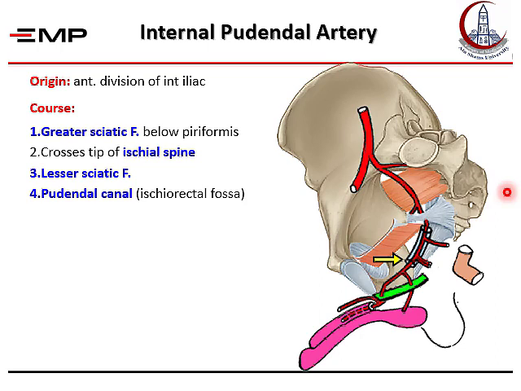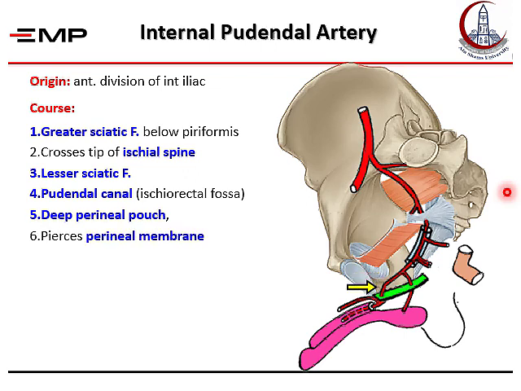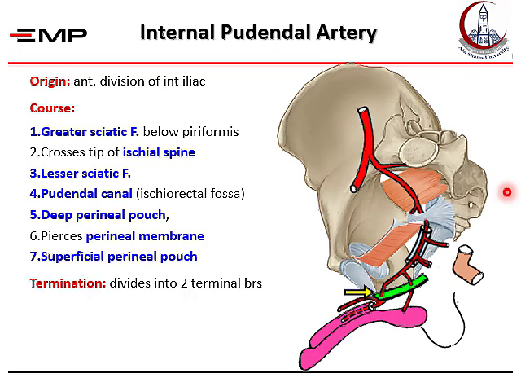At the anterior end of the pudendal canal, it enters the deep perineal pouch, and then it pierces the perineal membrane anteriorly to reach the superficial perineal pouch, where it ends by dividing into two terminal branches, the dorsal and deep artery of the penis.